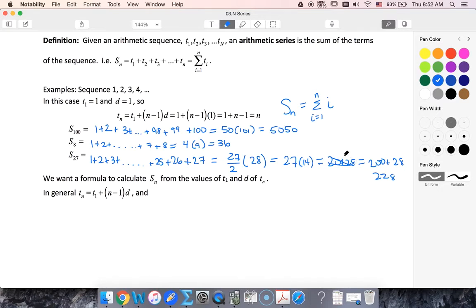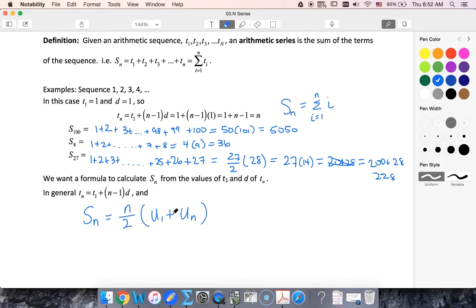Okay, so if I want a general formula, what I'm seeing is my number of pairs is how many terms I have divided by 2, and then times the sum of the first term and the last term. So I could say that my S sub n is number of terms divided by 2 times the first term plus the last term.